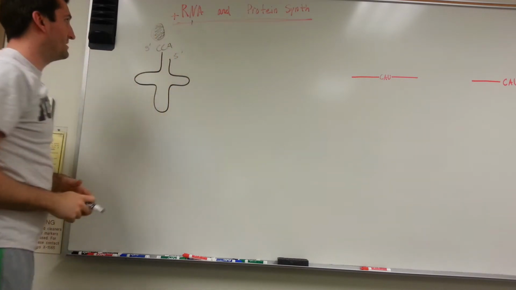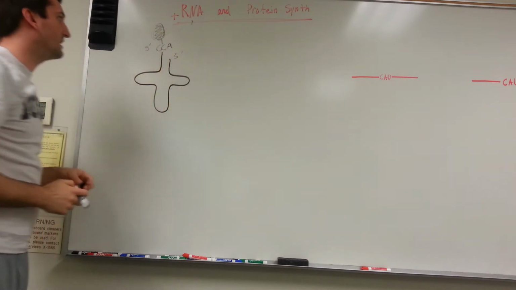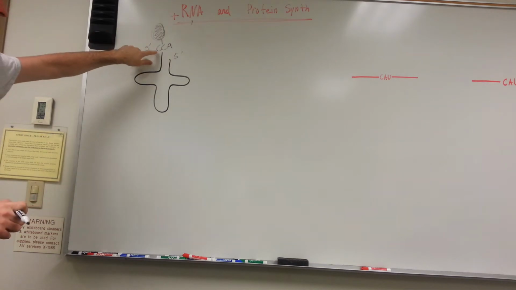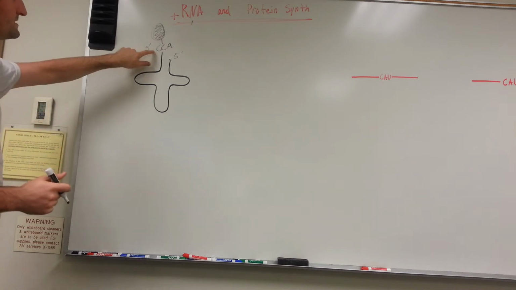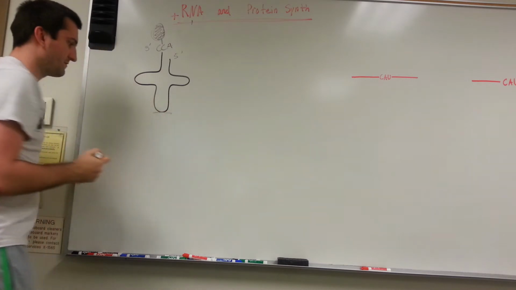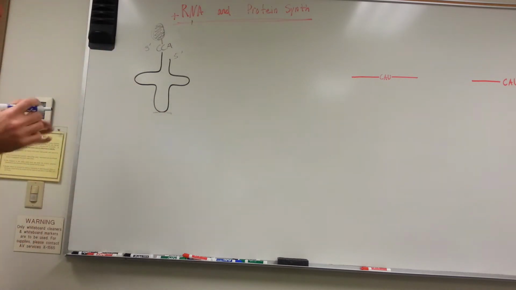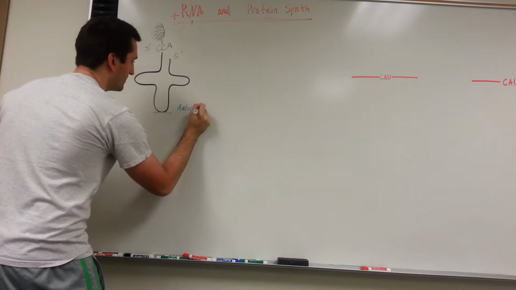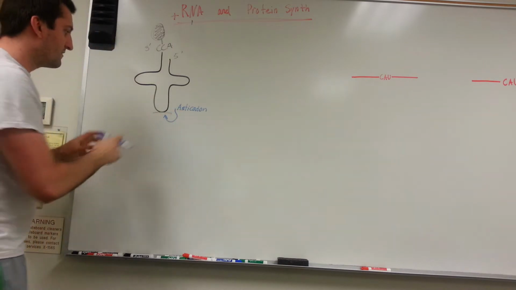So this is going to be my amino acid just for drawing's sake. We're going to attach an amino acid to the 3' end, which happens to be a CCA sequence. And then opposite of this 3' end, down here at the base of the three-leaf clover, we've got the anticodon end. Down here at the very tip, we've got a little sequence.